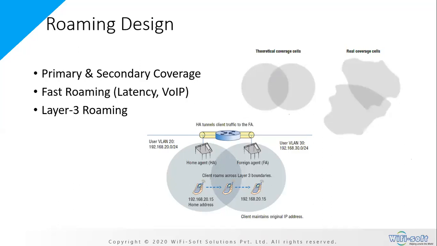I'll give an example. Generally, the connection from one access point to another takes anywhere up to 700 milliseconds. But certain VoIP applications require a latency of less than 150 milliseconds. What will happen in this case, if the switchover takes 700 milliseconds for the reassociation to happen, is that during that time period of 0.5 seconds, the user is going to experience a disconnection.